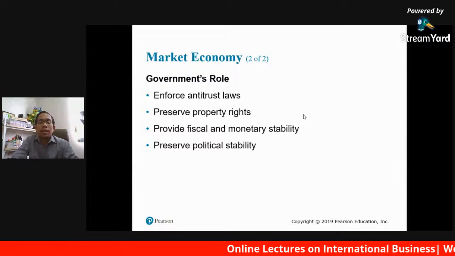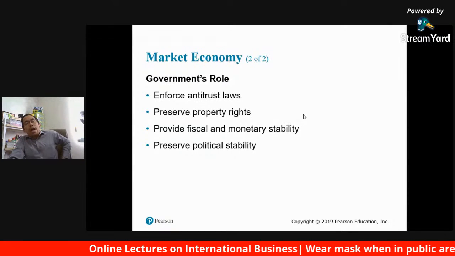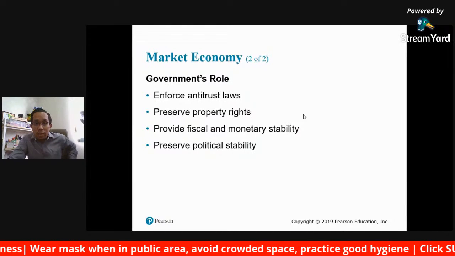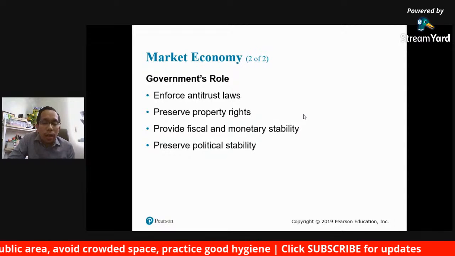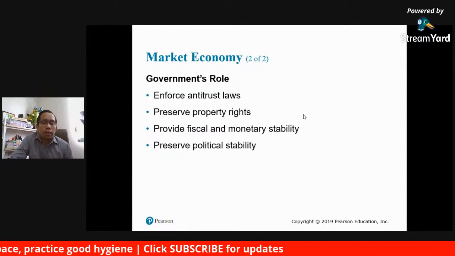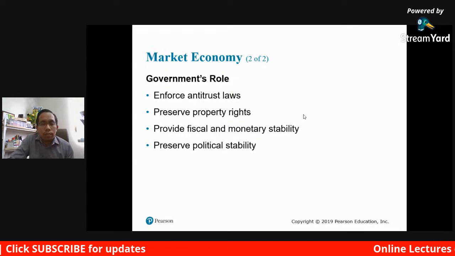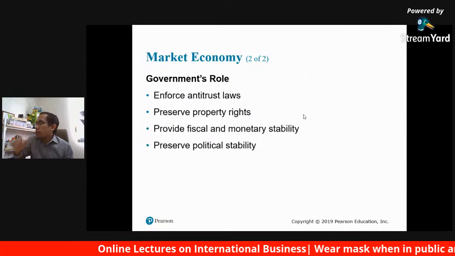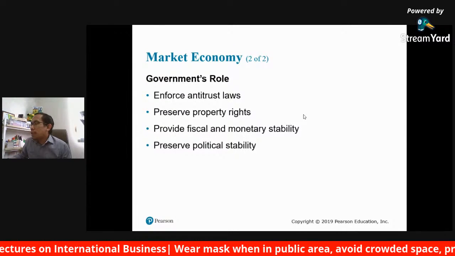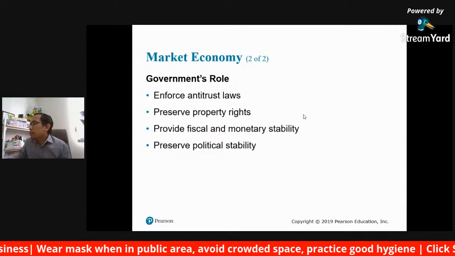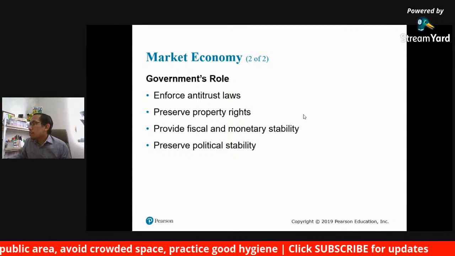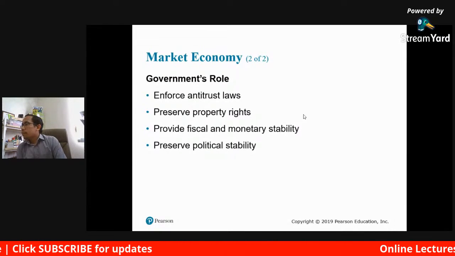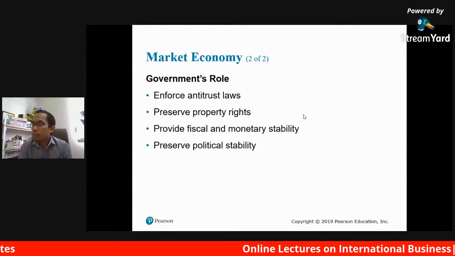Preserve property rights: to have healthy competition from one business to another, businesses should have some protection through property rights.